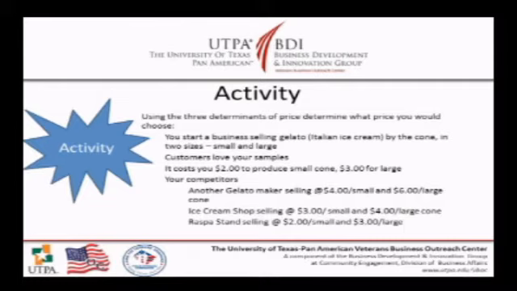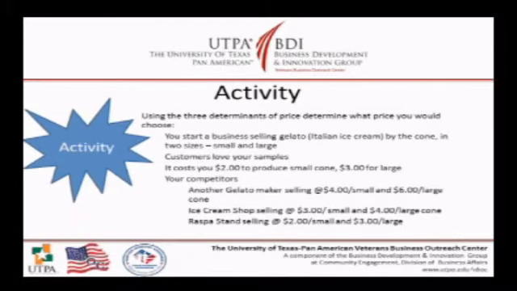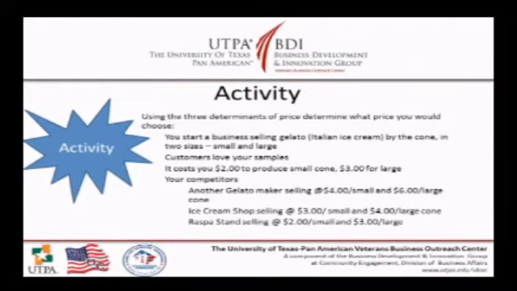Looking at those, what I would charge is, you want to make a profit, so it costs you $2 to make a small cone. So you're probably going to charge around, say, $3.50, because for a small cone your competitor charges $4, so you're cheaper than your competitor. Your substitute is charging $3.